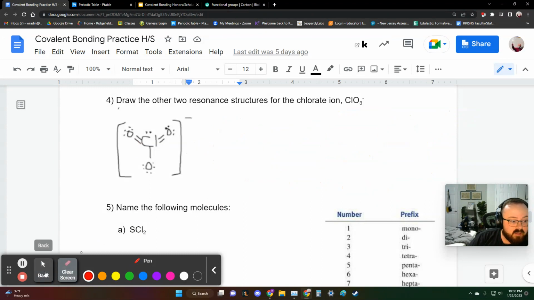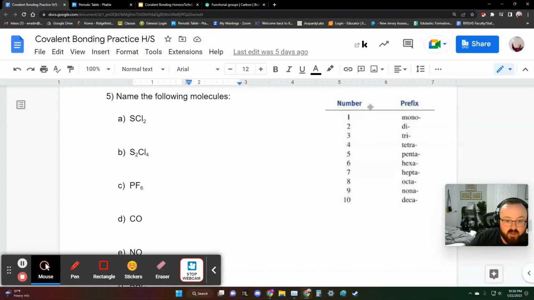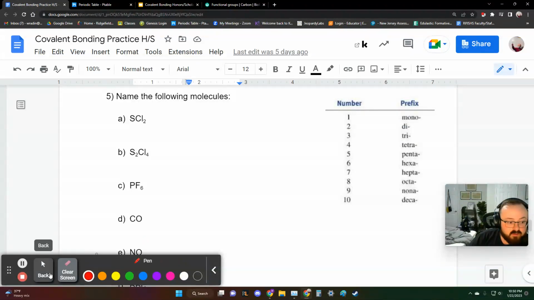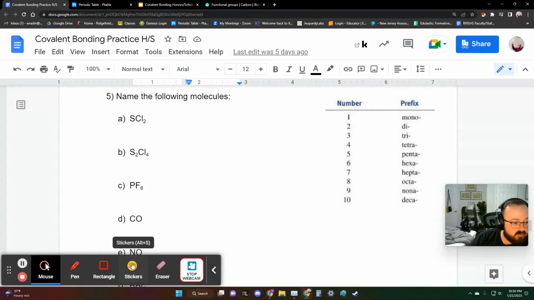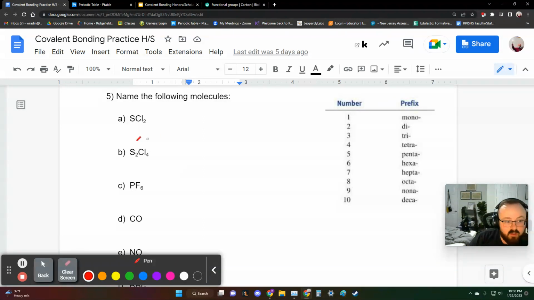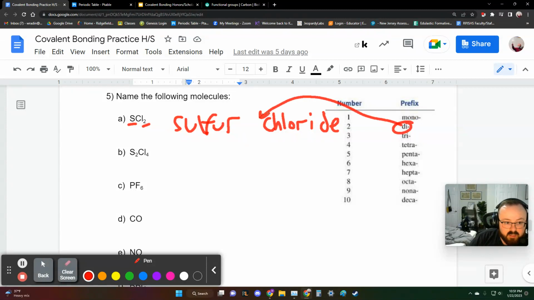Okay, naming here. Here I will give you the prefixes just like this, and really just our rules. Because there's only one and it's the first element, we do not need a prefix. We just say sulfur. We use that ide ending. This becomes chloride. There's 2 of these. We're going to take di, put that here.